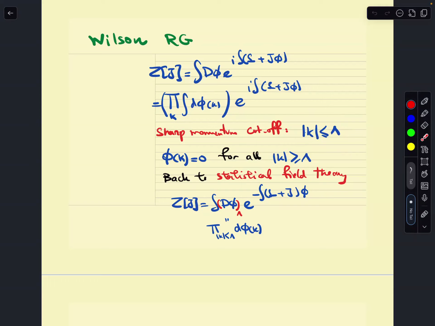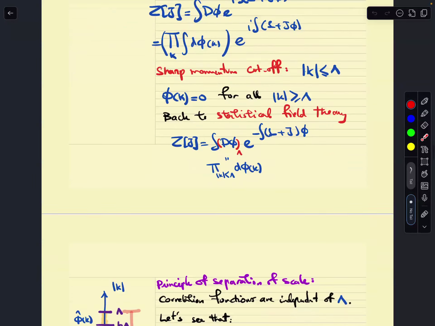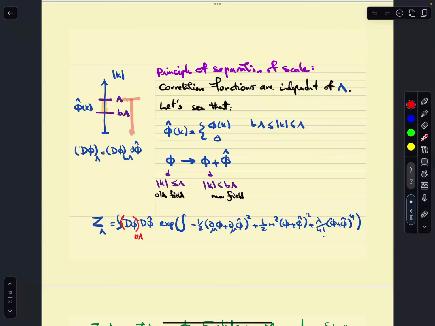Is that part clear? So in statistical field theory, this i is just minus, right? That's what we're doing. So here are the values of the cutoff momenta. I'm plotting it as the absolute value of the momentum vector. For each momentum vector, you have an independent mode, if you recall, from QFT1.